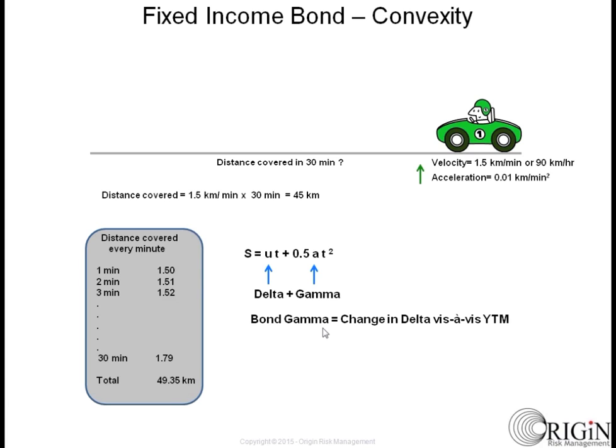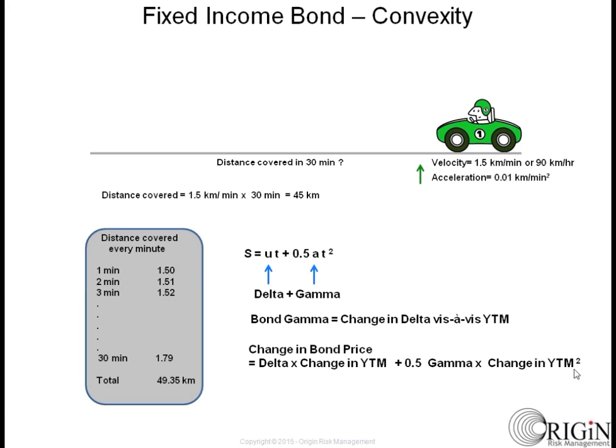If we really want to find out how much the value of the bond will change for some delta Y change in YTM, it would be more accurately given if we include gamma too. This will be equal to change in YTM multiplied by bond delta plus half multiplied by bond gamma multiplied by change in YTM squared.